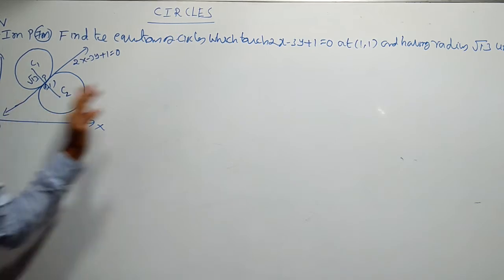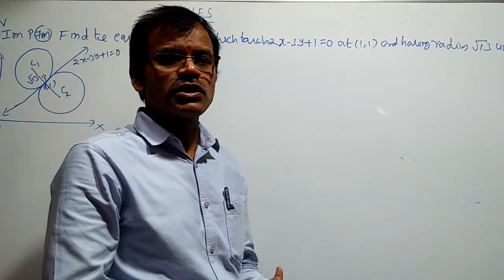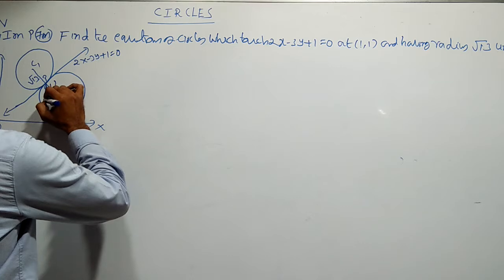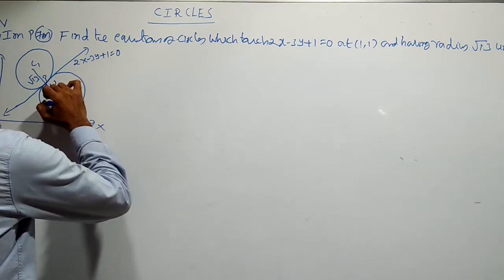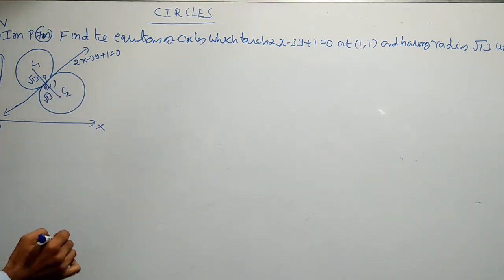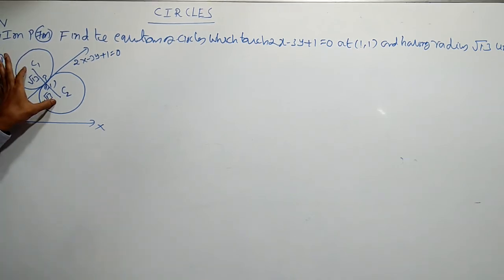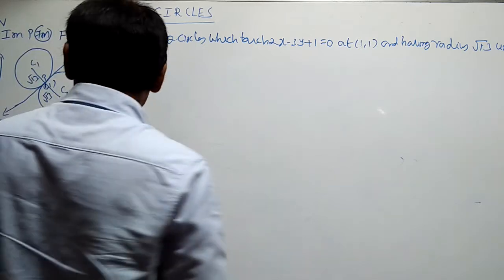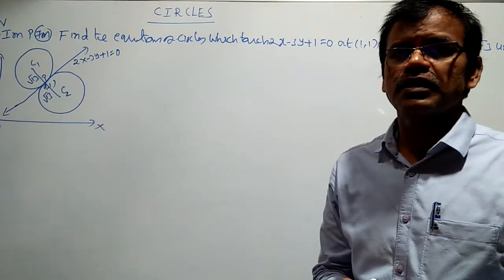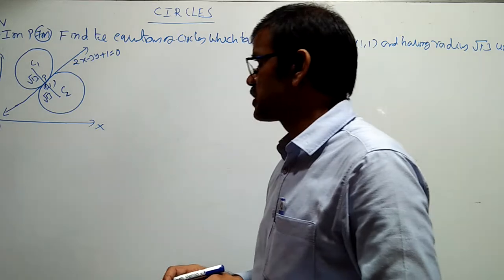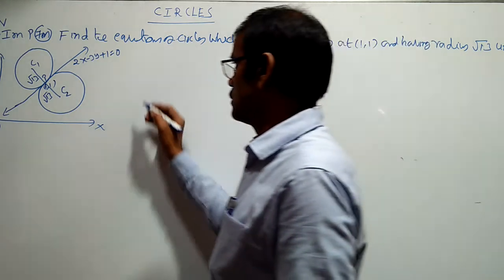Here is given the information root 13 is the radius. And here also C1P and C2P both are root 13. You can try to understand that the line joining centers C1 and C2 is the perpendicular line of the tangent of both circles, 2x minus 3y plus 1 equal to 0.